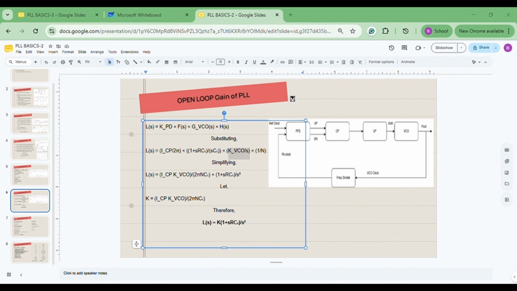So if I run this, you won't get these things. I think I'm not able to finish all four of these, but you will get this waveform, feedback clock.